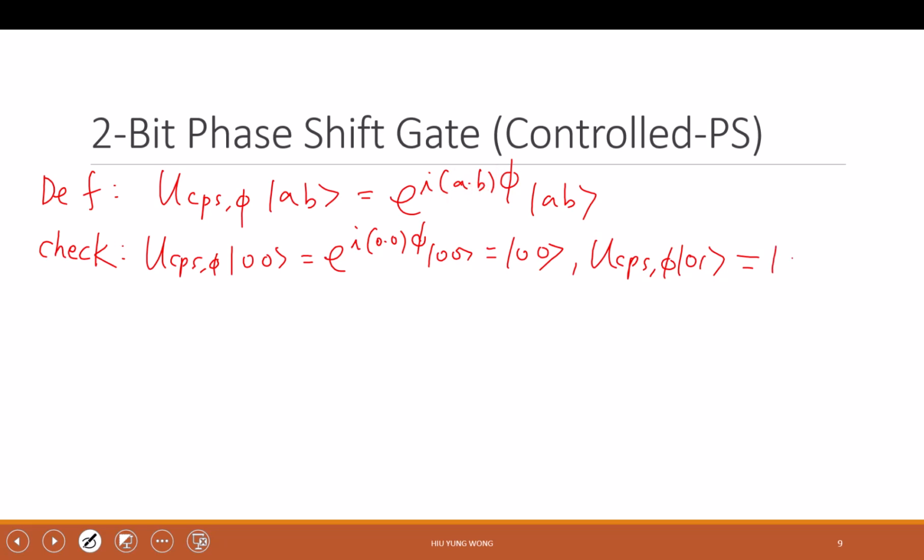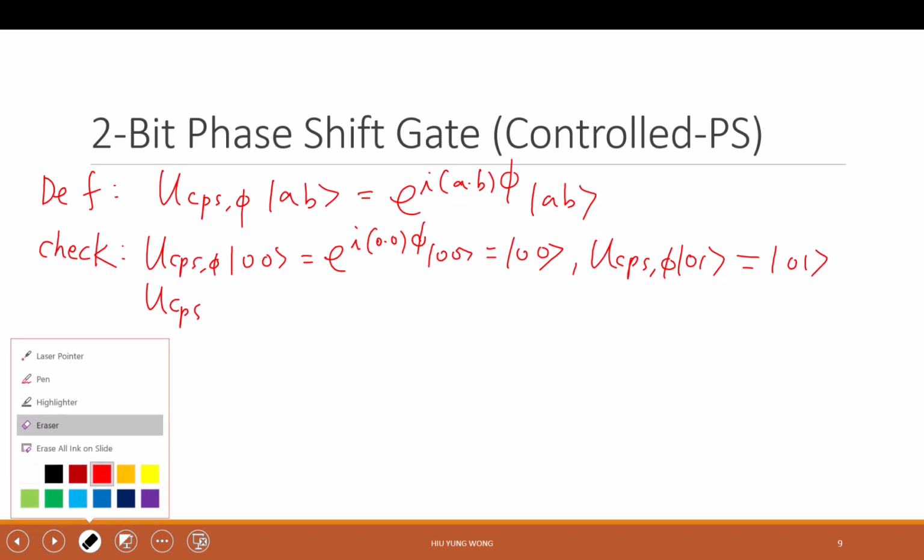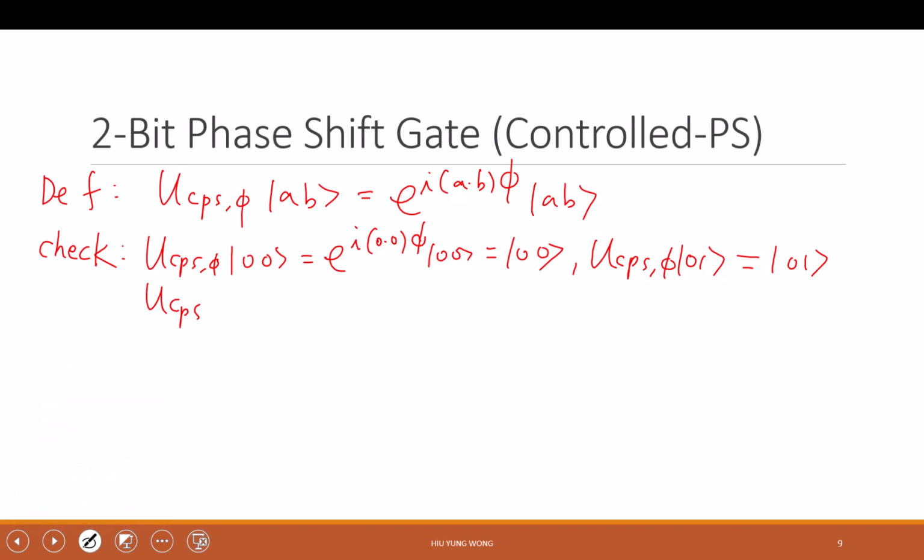So no change. So naturally, I also expect that |10⟩ equals e to the power i phi times 0, so |10⟩ is going to give me |10⟩. Right?